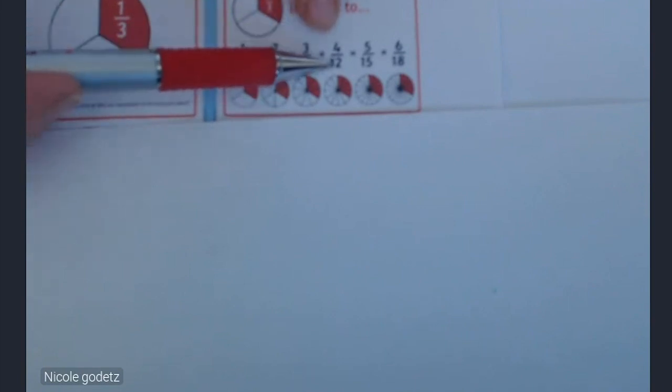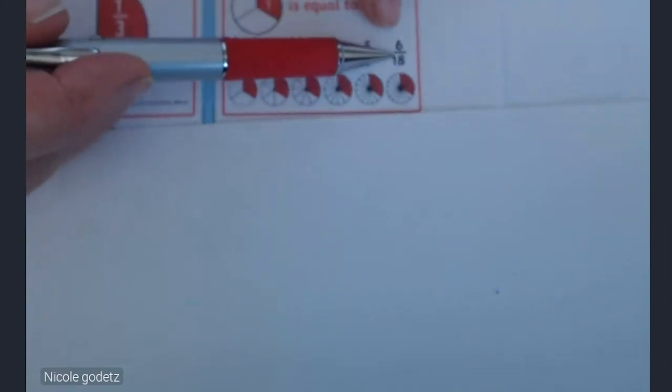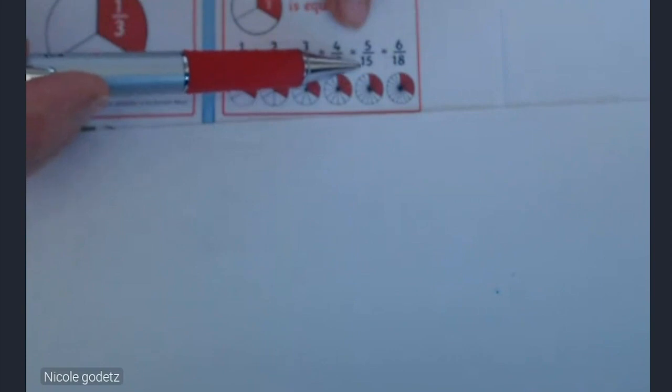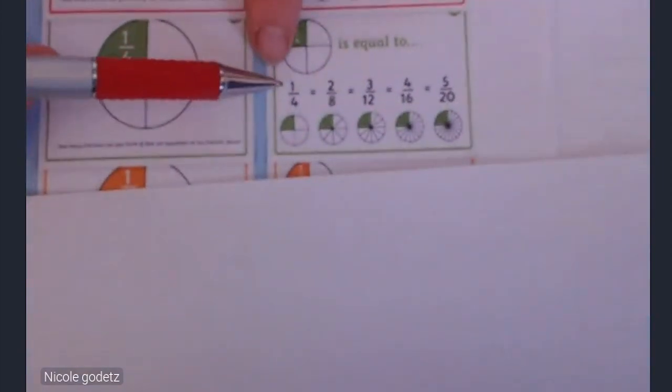3 times 2, 3 times 3, 3 times 4, 3 times 5, 3 times 6, or 18 divided by 3, 15 divided by 3, 12 divided by 3, 9 divided by 3, 6 divided by 3. It's got to have that same ratio. We look at quarters.